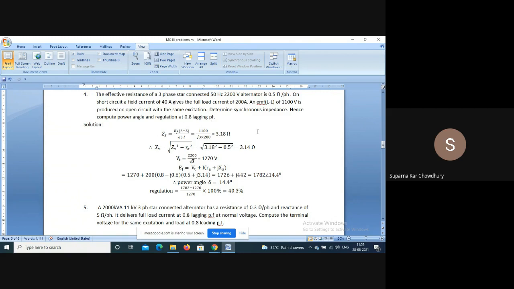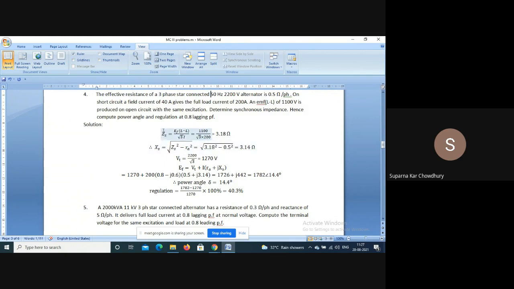So basically the open circuit and short circuit data is given. The EMF produced, 1100 volt on open circuit, is the open circuit data, and the short circuit field current of 40 ampere giving the full load current is the short circuit data.